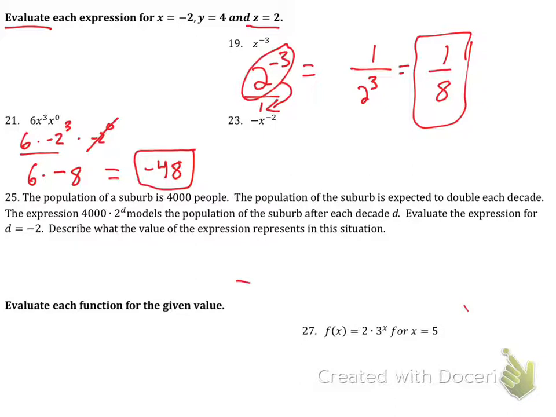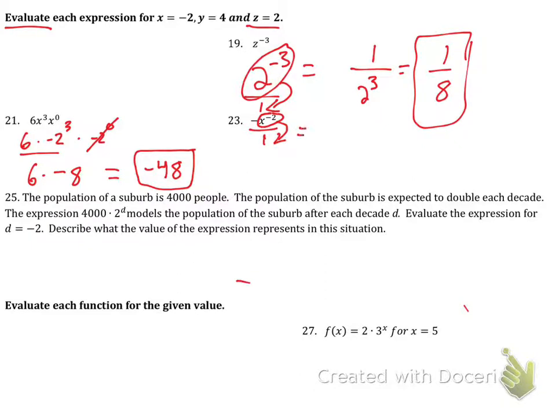All right, 23. We can simplify this first, because this one's a bit of a tricky one. So this x to the negative 2, if this is over 1, we're going to bring that to the bottom.